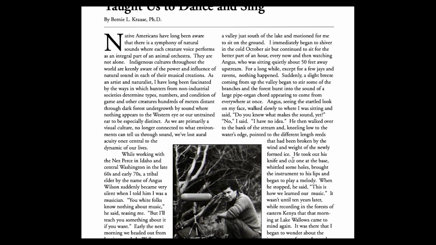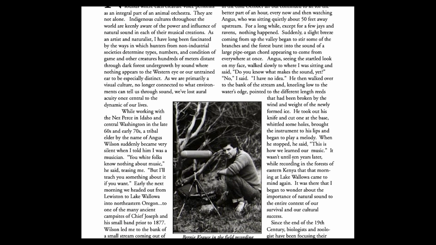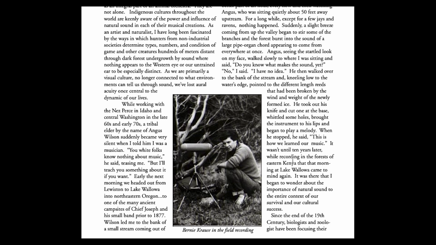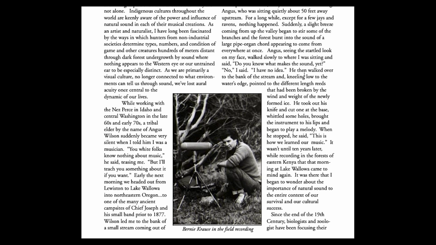Not knowing where the sound came from, Angus asks him if he can identify it. And without answering, he went and grabbed a piece of reed from the side and poked some holes in it and started playing it like a flute and said, "This is where we learned our music."